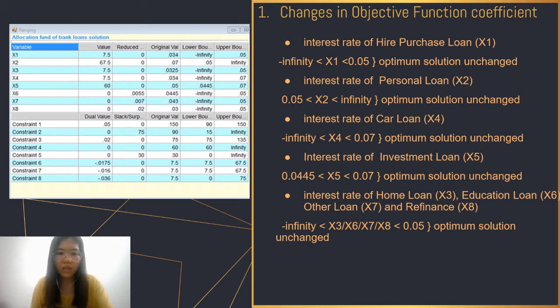The fund that is allocated to x4 also remains at 7.5 billion if its interest rate does not exceed 0.07, whereas the fund that is allocated to x5 will remain at 60 billion if the interest rate is between 0.0445 and 0.07. Besides, the funds which are allocated to x3, x7, x6, and x8 are unchanged as long as the interest rate of these four loans does not go above 0.05.